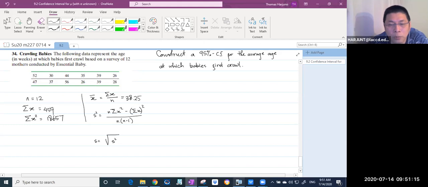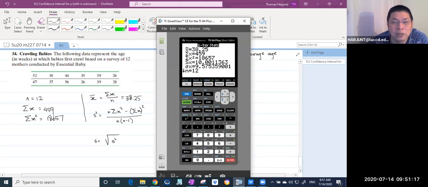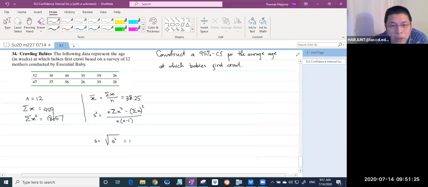It also computes the sample standard deviation for us, in this case 10.00114. Now, in my test, you still need to do this by hand, and you use the calculator to confirm what you get.